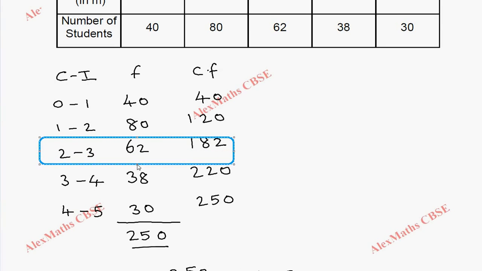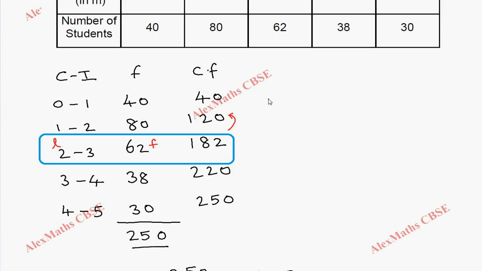So we take this data where the class interval is from 2 to 3. So this is our lower class limit L. And we have to take the frequency of this class as F and the cumulative frequency of the previous class from here.